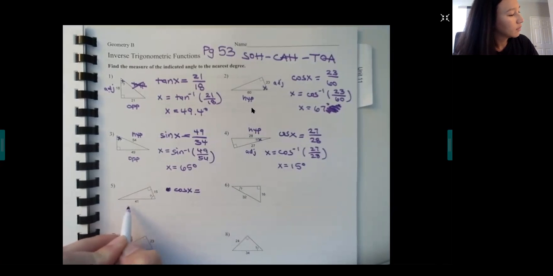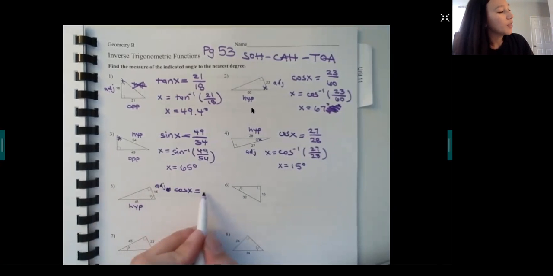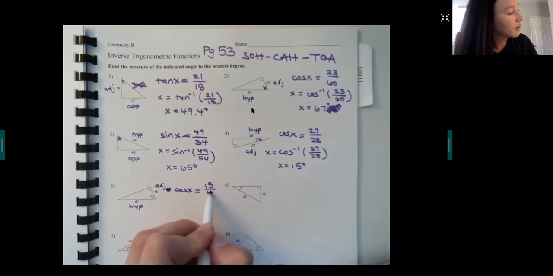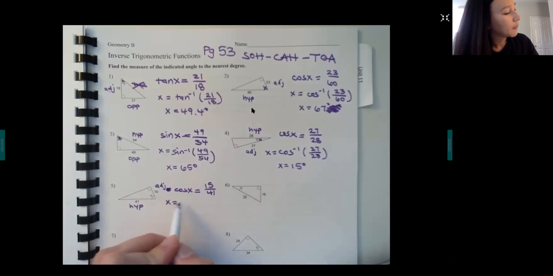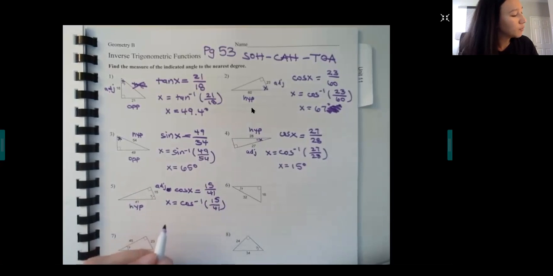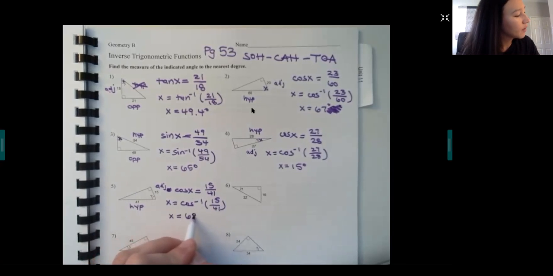Hypotenuse and adjacent. Yep. So then what was your ratio of those sides? 15 over 41. Very good. So then what did you get when you took the inverse of 15 over 41? 68. Okay, very good.